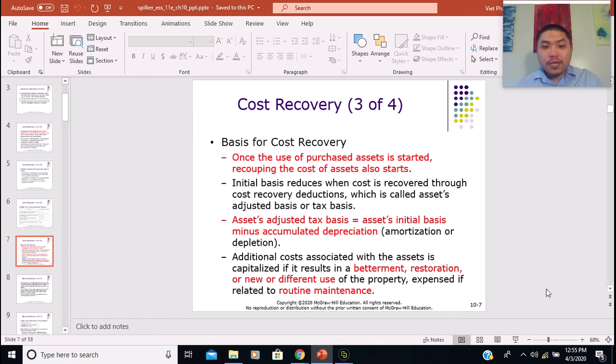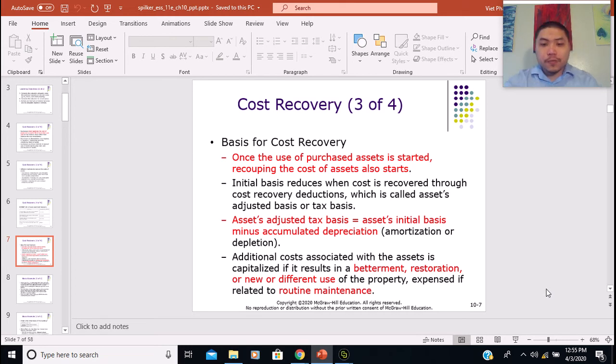Pretty much all the expenditures related to the betterment, the restoration, or the change of purpose of the assets need to be included in the basis of the asset, and the owners have to either depreciate or amortize over the period of useful life.